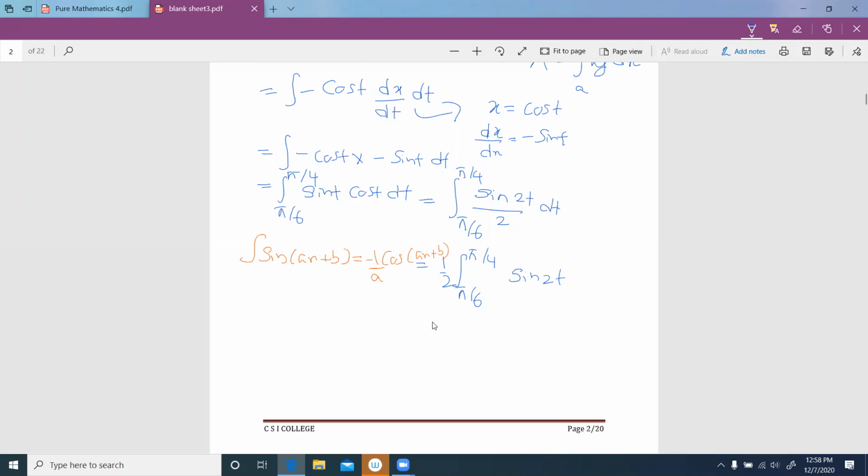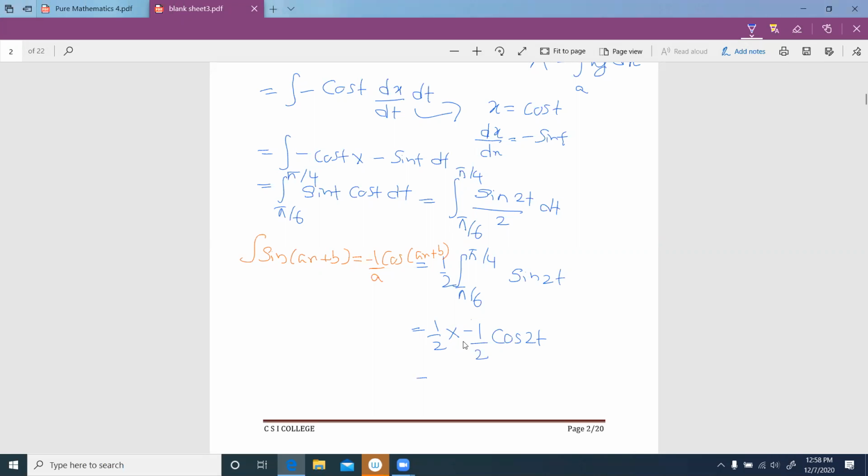So I just keep 1 over 2 out. The sin 2t integration is minus 1 over 2 cos 2t.